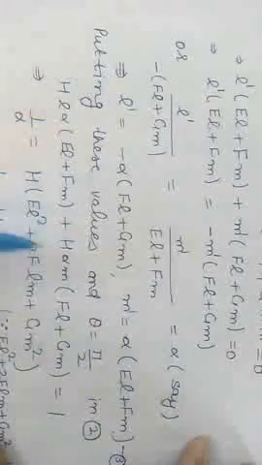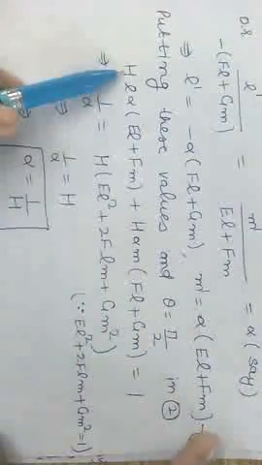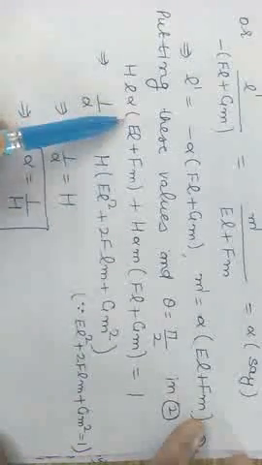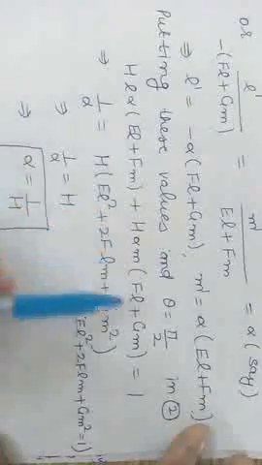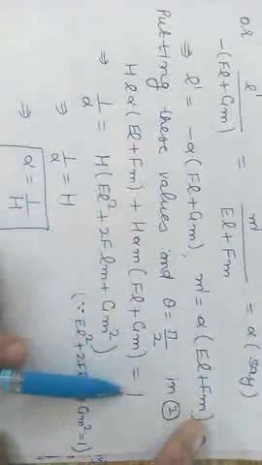Now putting theta equal to 90 in the second equation, it will become H into l alpha into (E l plus F m) plus H into alpha m into (F l plus G m) is equal to sin 90, which is 1.